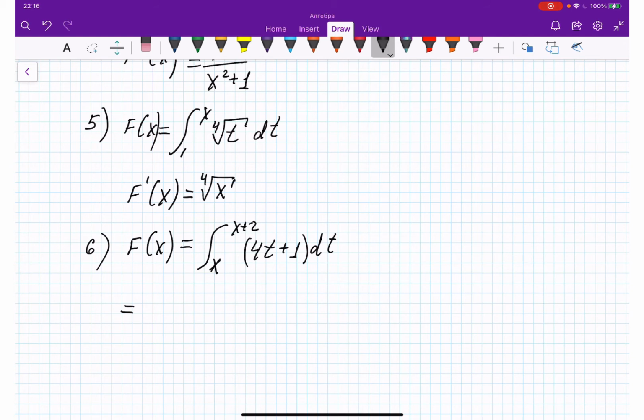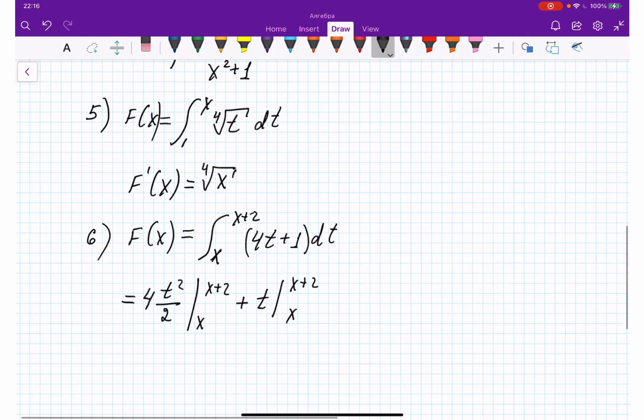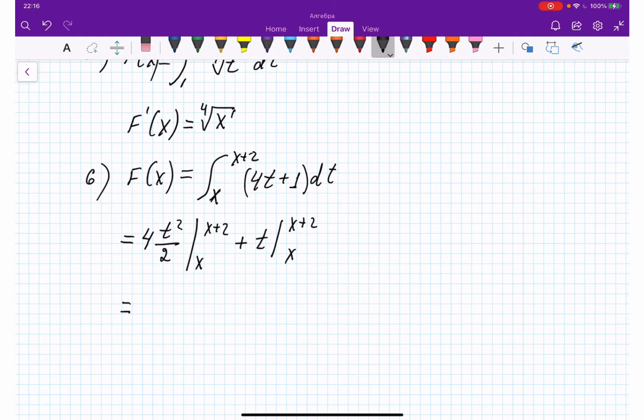Therefore we are going to use the following. So it's going to be 4t squared over 2, from x to x plus 2, and then plus t, from x to x plus 2. So if we plug it in, this is going to be gone, and here we will have 2, and the result is going to be 2 times (x plus 2) squared, right?